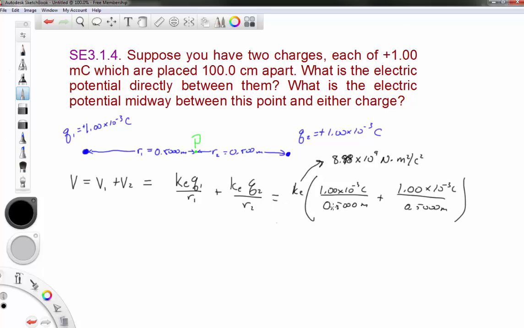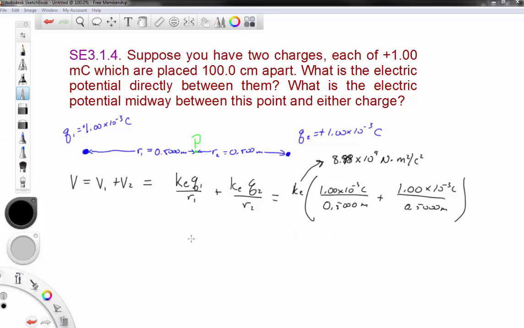So we can do this calculation by noting that this is basically 2 times 10 to the minus 3 plus another 2 times 10 to the minus 3, so that's 4 times 10 to the minus 3. That times 8.98 gives us 35.92.